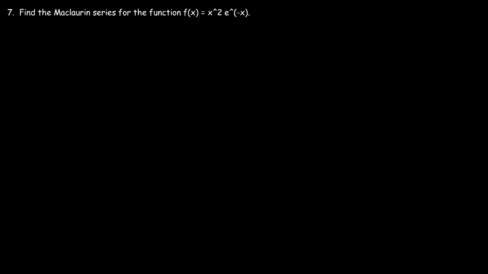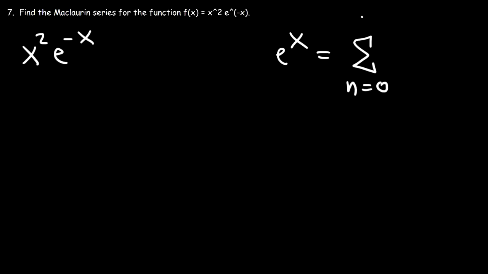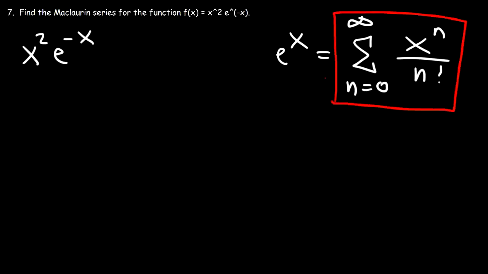Now let's find the Maclaurin series for the function x squared e raised to the negative x. And this time, use the data table with the list of elementary functions provided by your calculus textbook. Now, e to the x is equal to the series from 0 to infinity x to the n over n factorial. So if that's e to the x, what is e to the negative x?